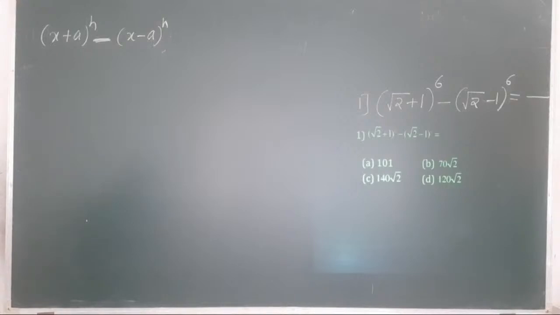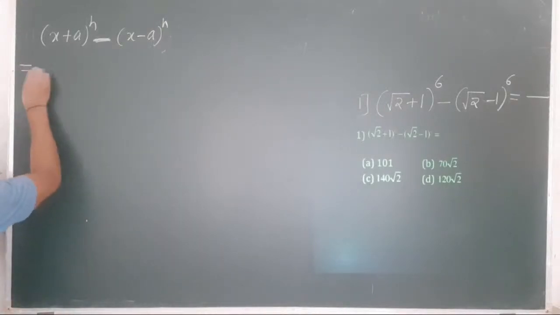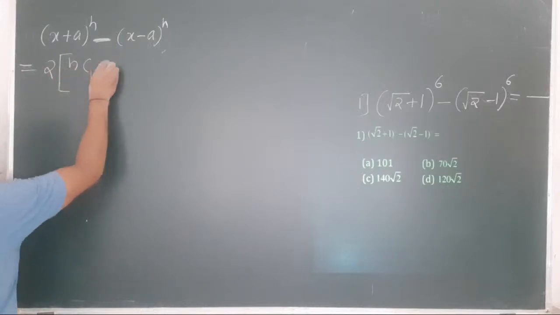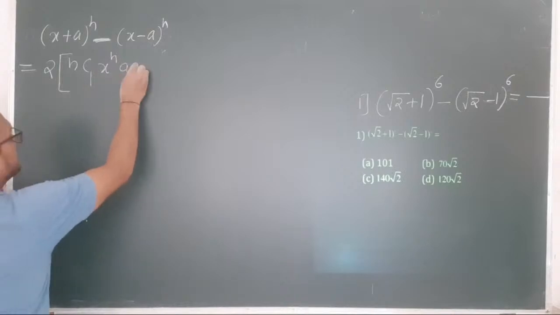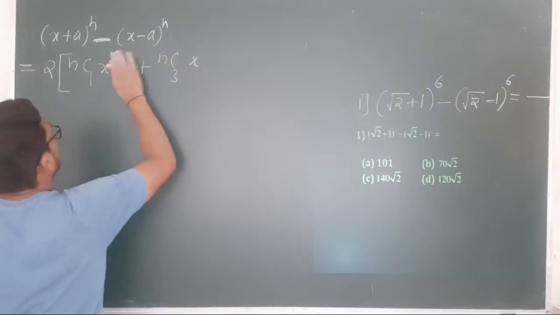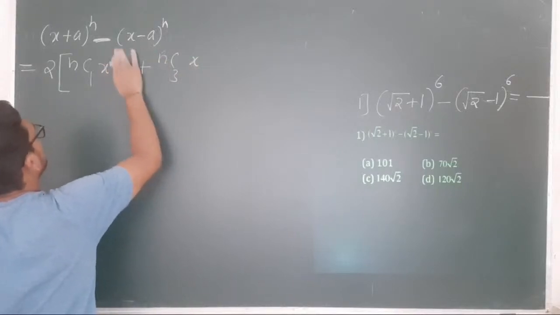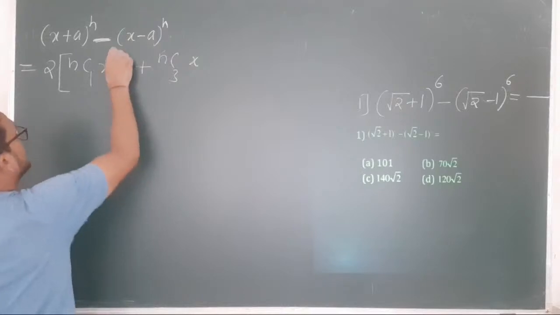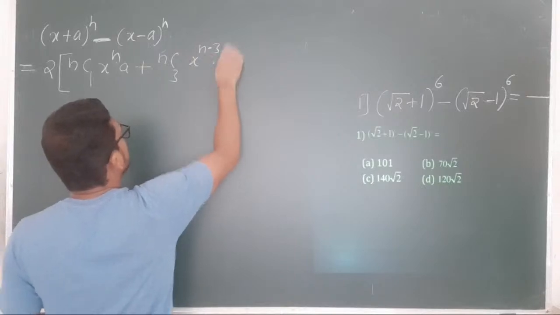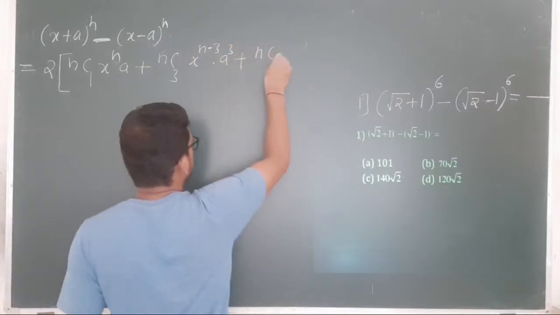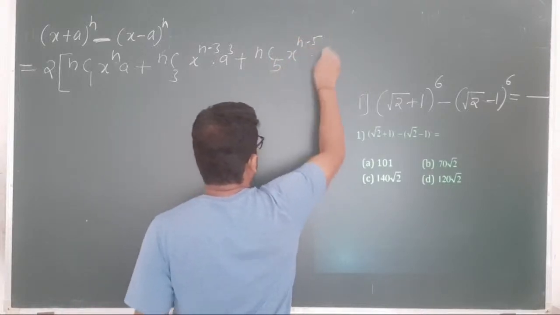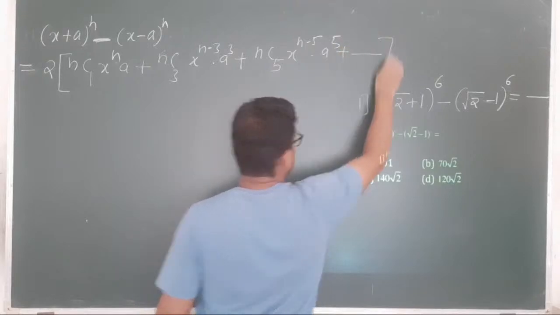So you will have the result, which is equal to 2 into nC1 x to the power n into a plus nC3 x to the power n minus 3 into a cube plus nC5 x to the power n minus 5 into a to the power 5 plus so on.